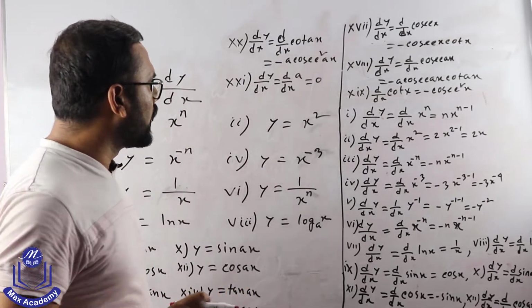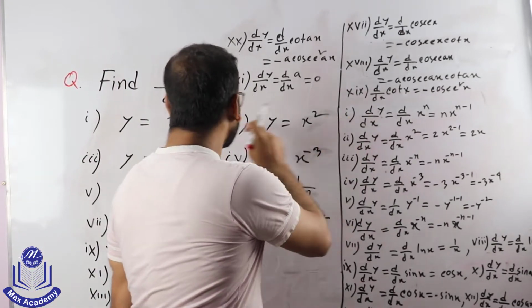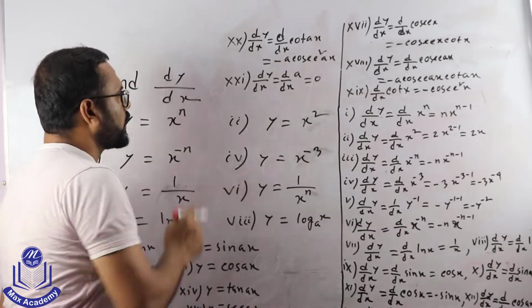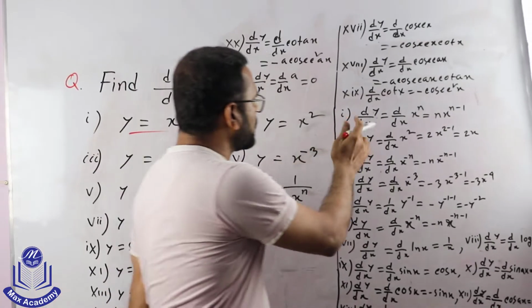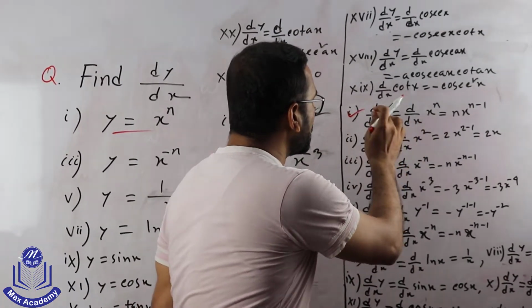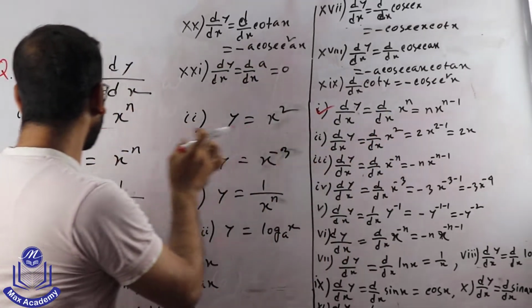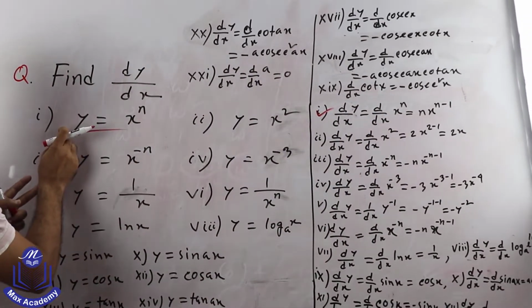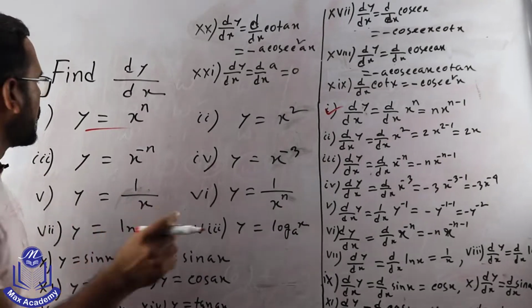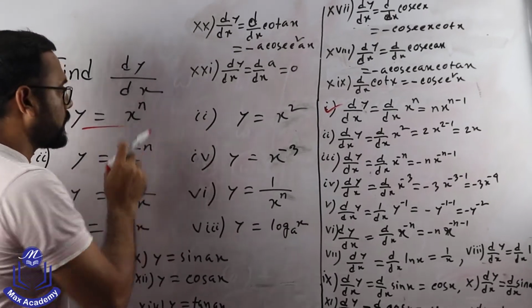Here, number one, the question is y is equal to x to the power n, and the solution is here. Number one solution: d/dx of y is equal to, since we are taking d/dx on this side, we need to take d/dx on this side also.